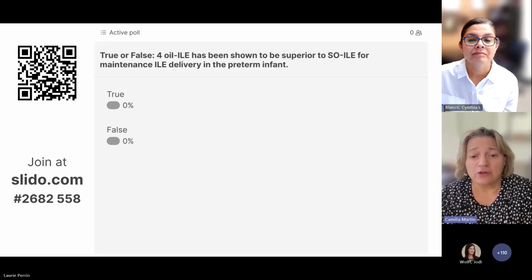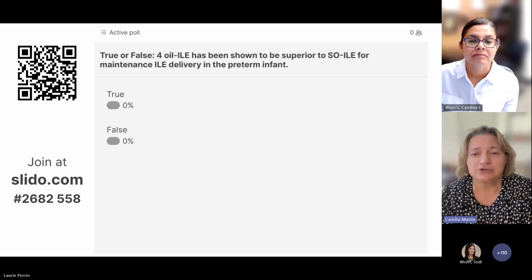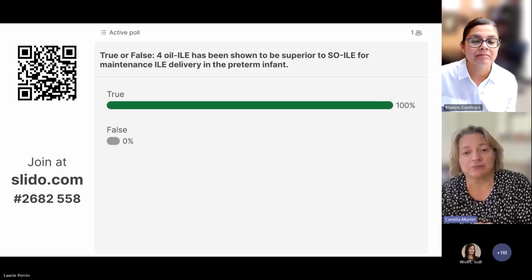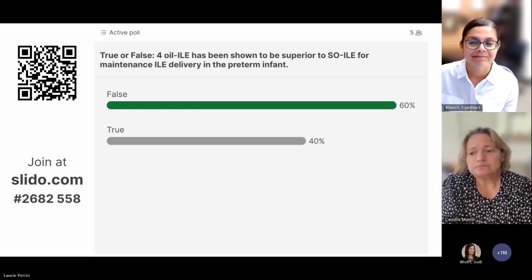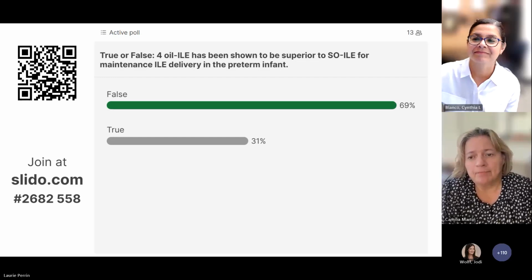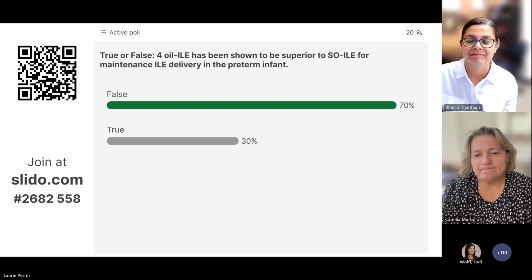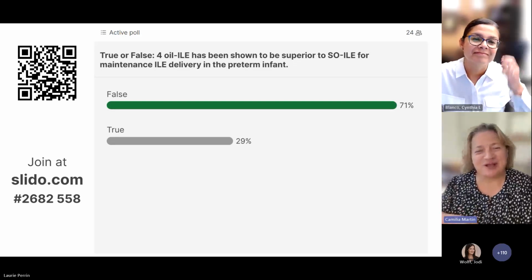So the 4-oil lipid emulsion, which has gained some traction, has been shown to be superior to soybean oil lipid emulsion for the maintenance delivery in the preterm infant. And superior, like in what context? We'll talk about that.